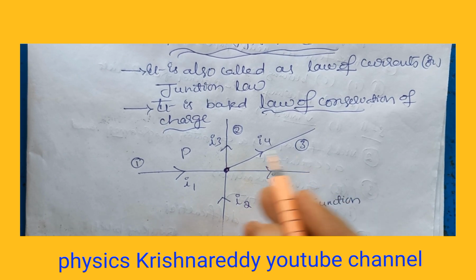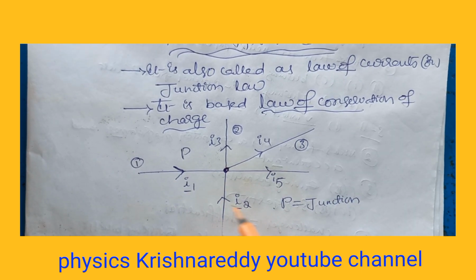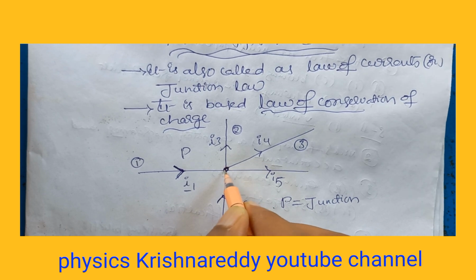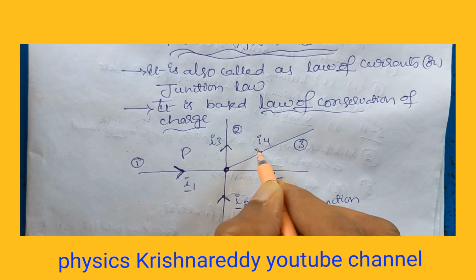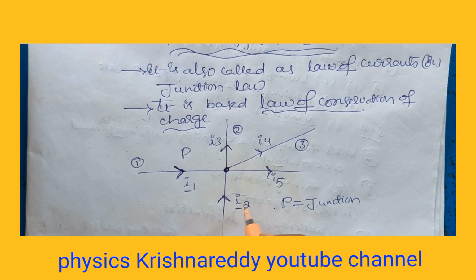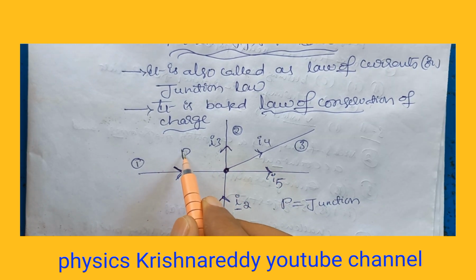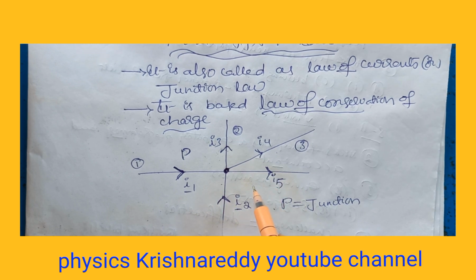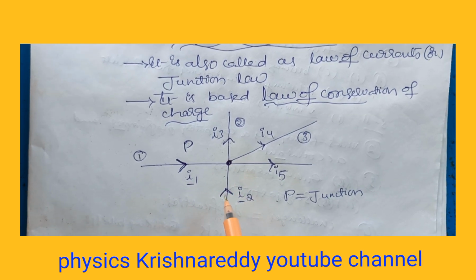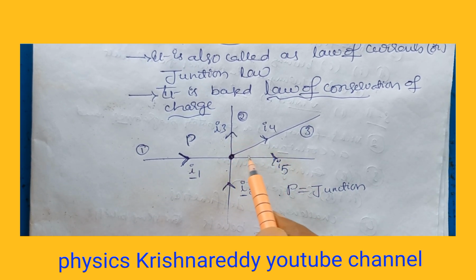Now you can see through the arrow marks which currents are entering the junction and which currents are leaving the junction P. So I1 and I2 are entering the junction, and I3, I4, I5 are leaving the junction.